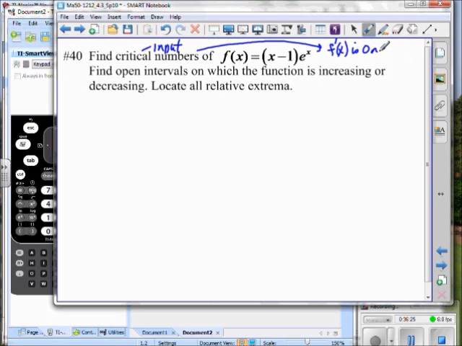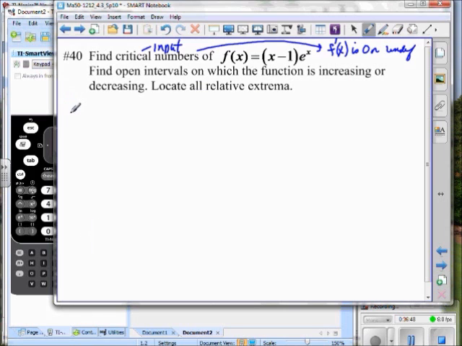Is 0 or undefined, yes. If they're critical numbers of the function, that means that the first derivative at those input values is undefined or 0.